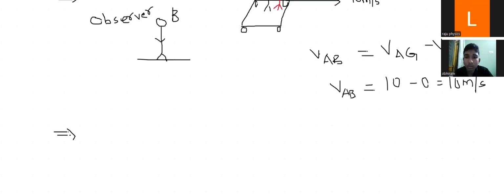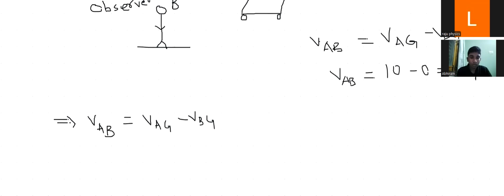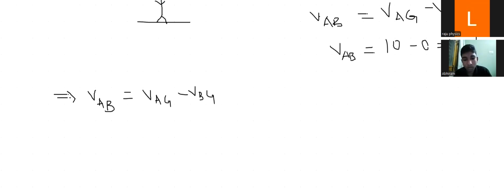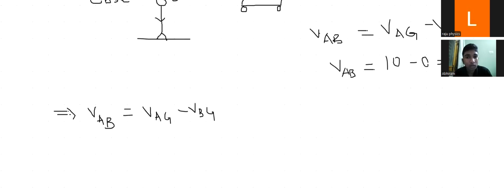The formula is: relative velocity of A with respect to B is velocity of A minus velocity of B. So what is the velocity of A? 10. How will you get 0?